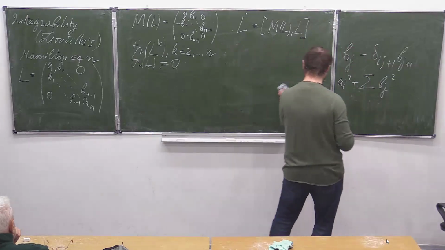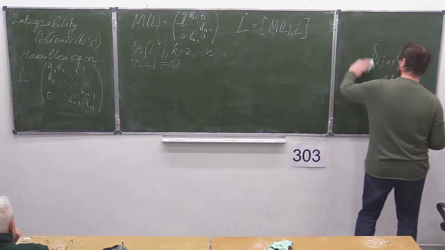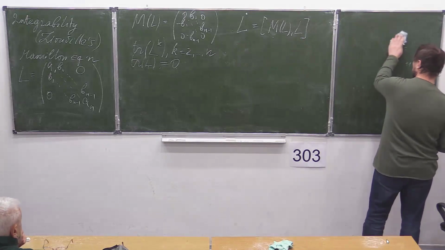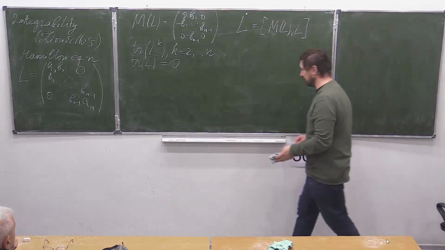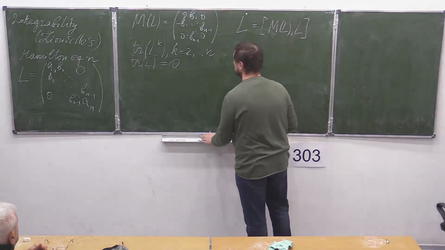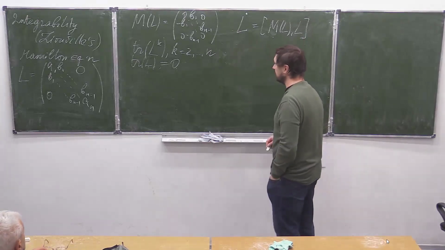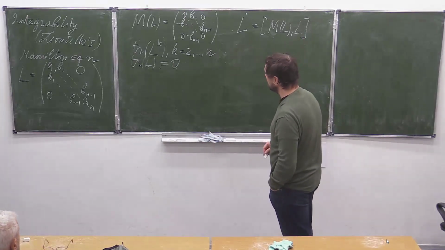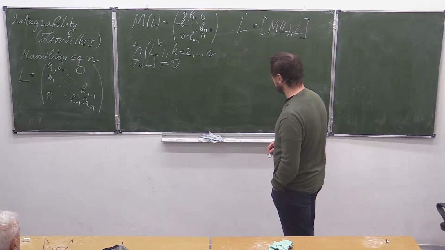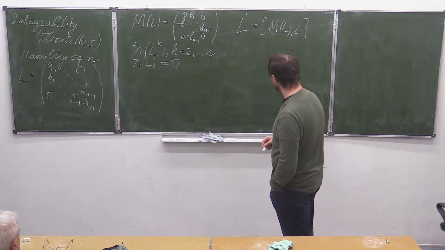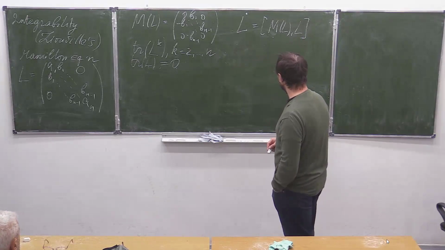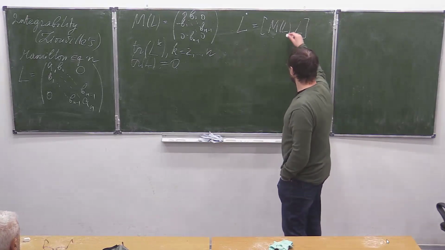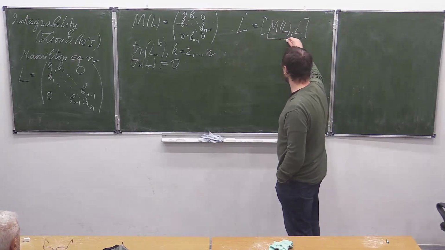Now, looking at the Lax form of this equation is probably the easiest way to generalize the Toda system. Namely, you keep or modify somehow the first term.